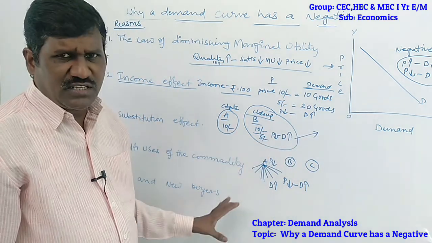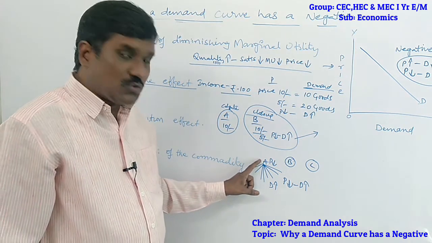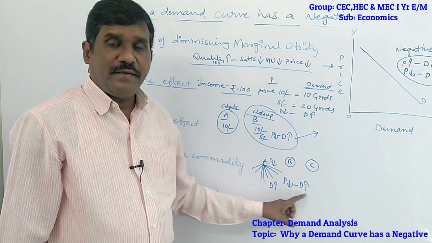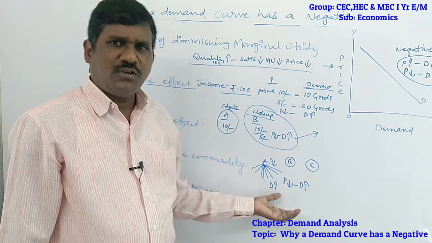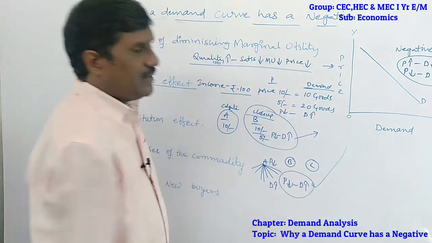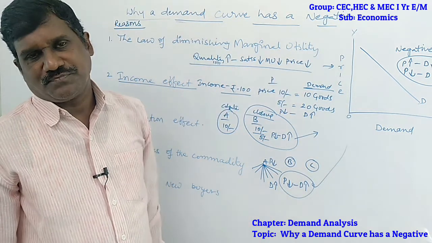Among the number of goods, only the multi-purpose good, when its price decreases, the demand for the multi-purpose good increases. So this is also a reason for the demand curve sloping negatively.